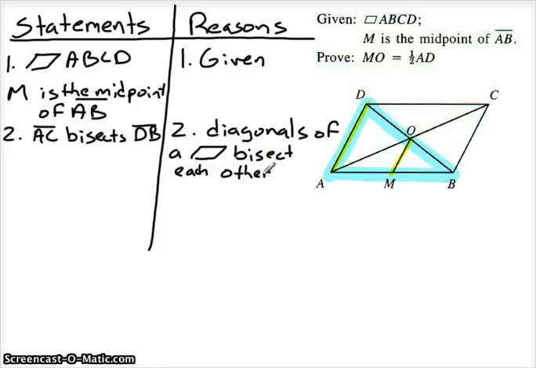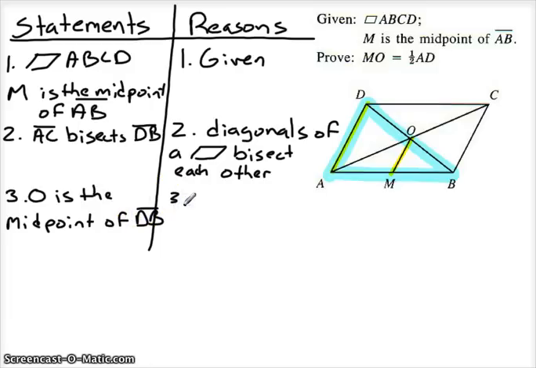Now, if the diagonals bisect each other, then I know that O is going to be the midpoint. So O is the midpoint of segment DB. And my reason is going to be definition of segment bisector.